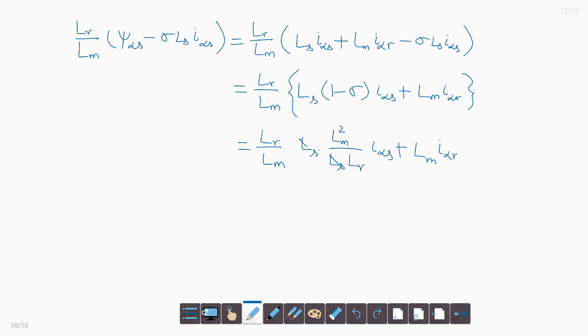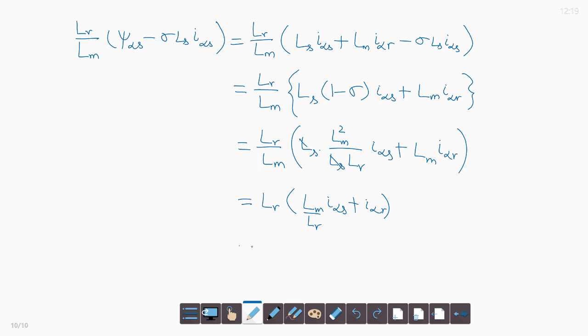So, Ls cancels. Lm is taken outside, so Lr into Lm, we write Lm by Lr times I alpha s plus I alpha r.